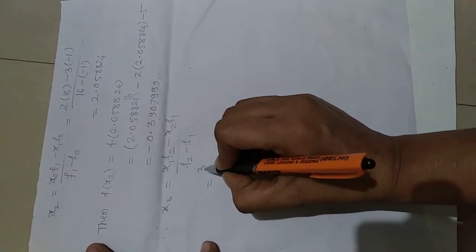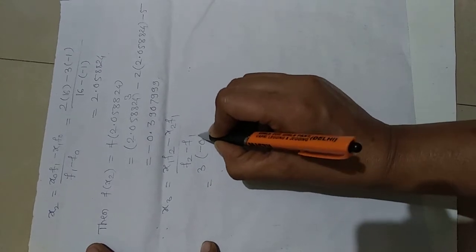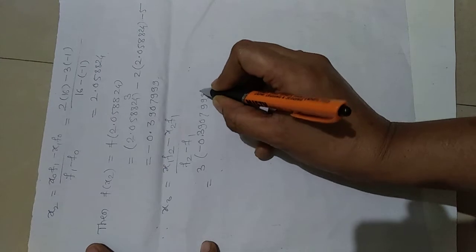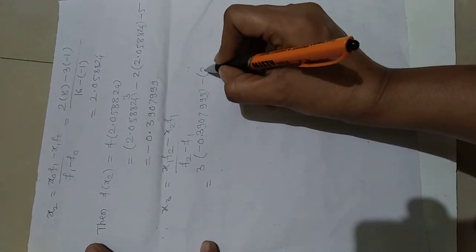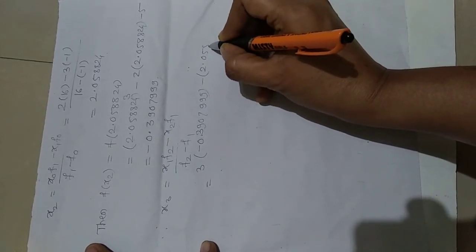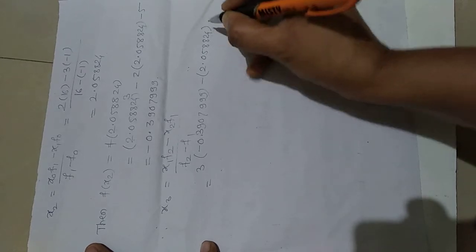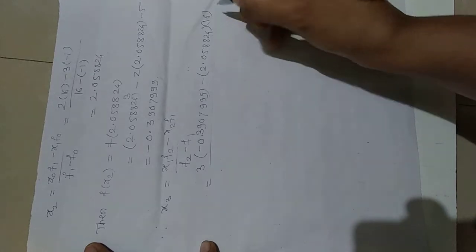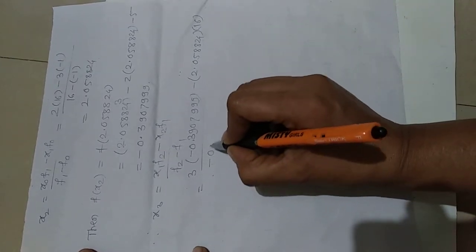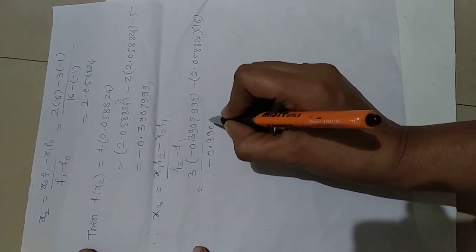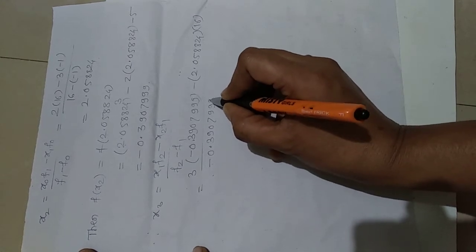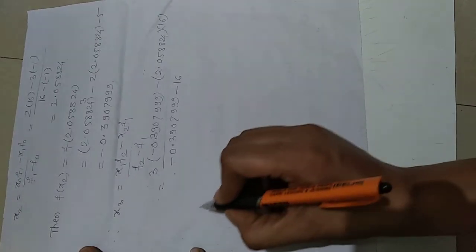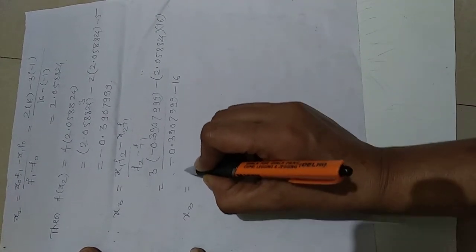Putting this value, 3 into minus 0.390799 minus 2.058824 into 16 upon minus 0.390799 minus 16.